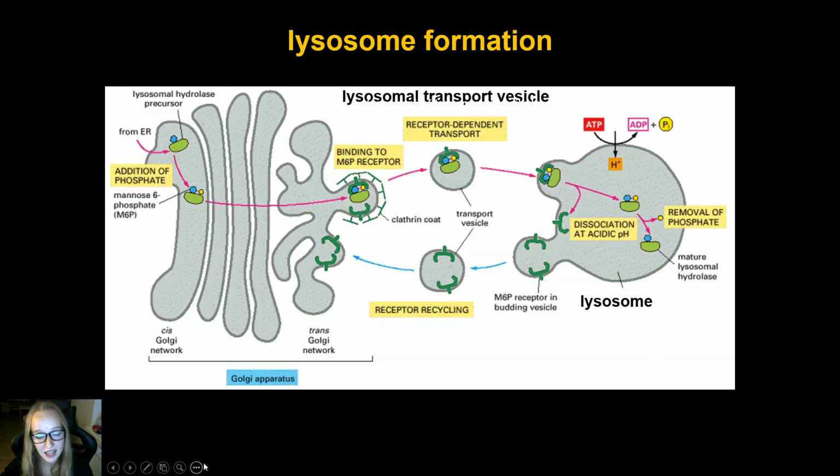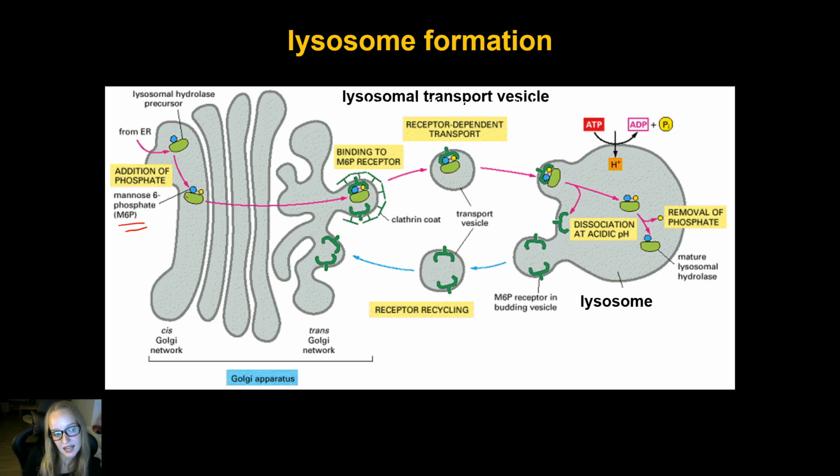So how does the lysosome form, or how does the Golgi complex create the lysosomal transport vesicle? The enzyme, for example the lysosomal hydrolase precursor, is labeled with something called mannose 6-phosphate. So mannose 6-phosphate is like a label. It labels the enzyme, and it's a very unique label, so you should remember mannose 6-phosphate.